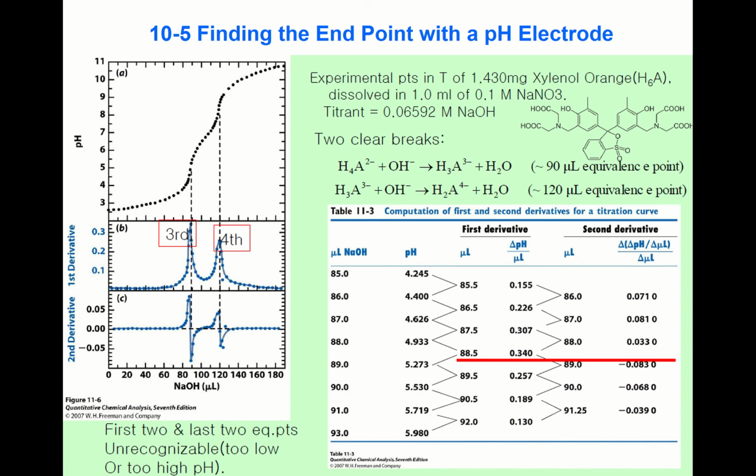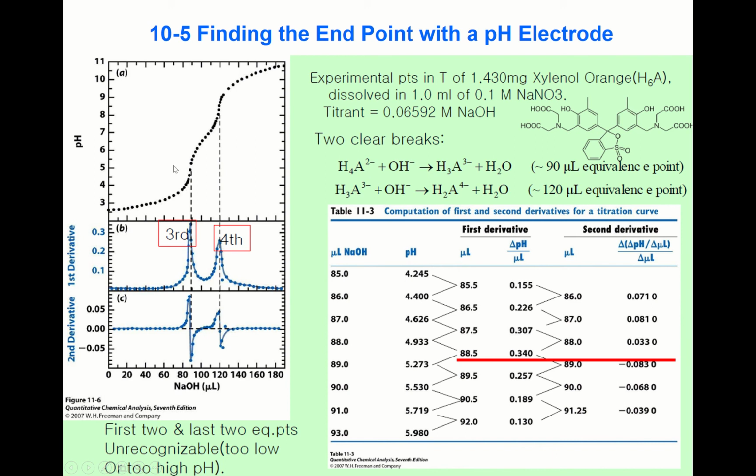Since it dissociates in 2 steps, you may think we'll find 2 equivalence points, but actually you will see only 1. Why? Because the first dissociation constant is almost infinite, so it is not shown in the titration curve.